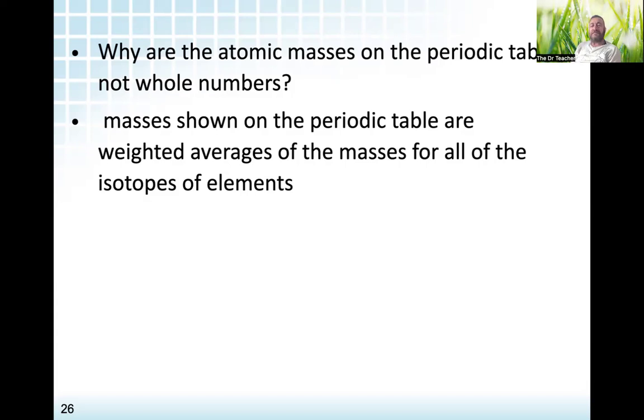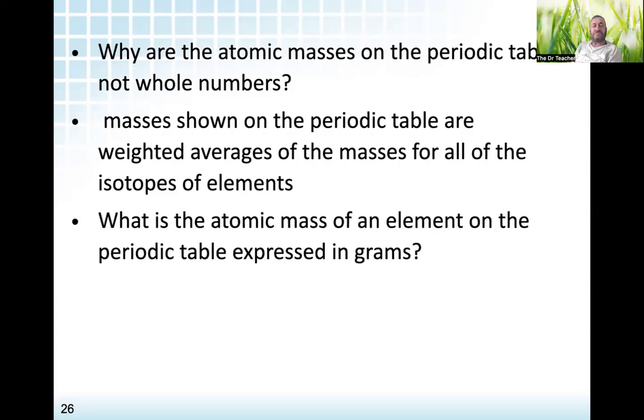The weight of each element comes from the average of the weights of its isotopes.